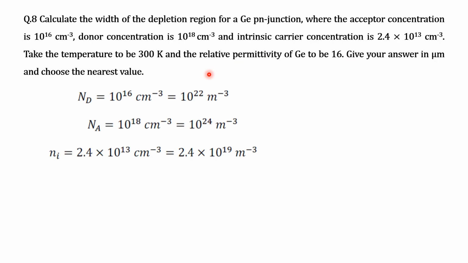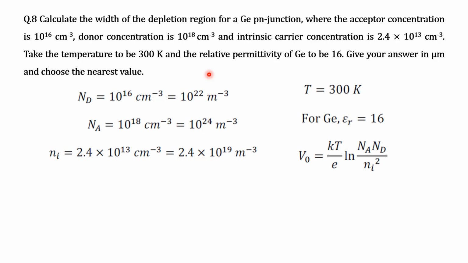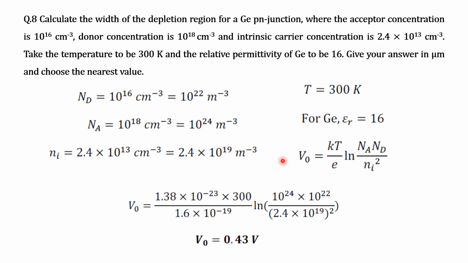So basically ND is given to us, NA is given to us, and Ni is also given to us. Temperature is 300 Kelvin and here the relative permittivity epsilon R is 16. We know that V0 is equal to KT by E ln Na Nd by Ni square. Basically all of those values are given to us. We have to substitute 1.38 into 10 power minus 23 for K, 300 for T. Charge of an electron is 1.6 into 10 power minus 19 coulombs, and ln of 10 power 24 into 10 power 22 by 2.4 into 10 power 19.